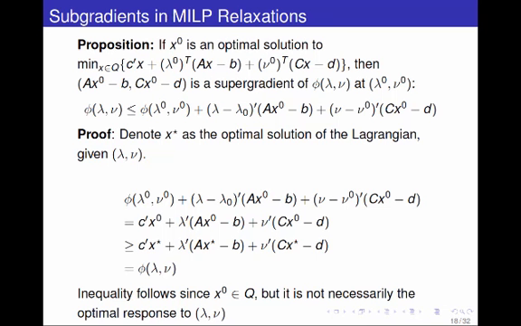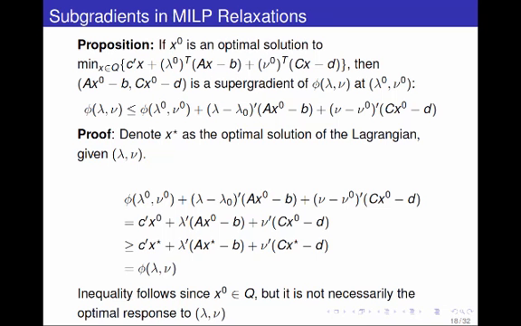Okay, so to prove that this Ax0 minus b, Cx0 minus d is the supergradient, we basically want to establish this inequality here for the dual function. So we would ideally like to land from here to here.